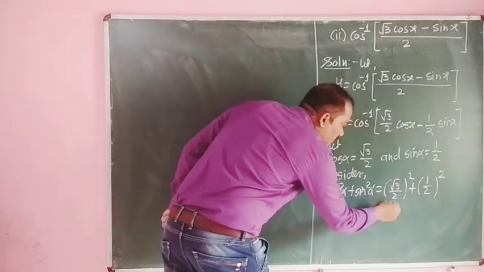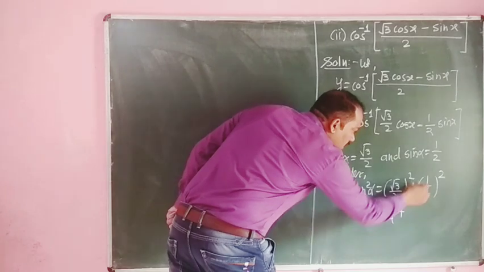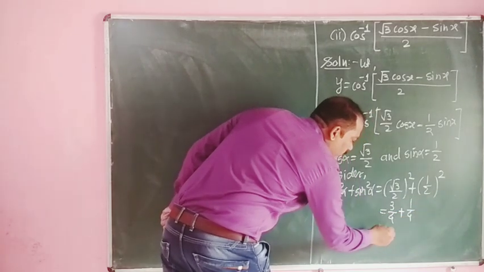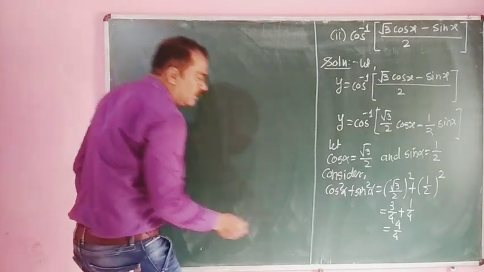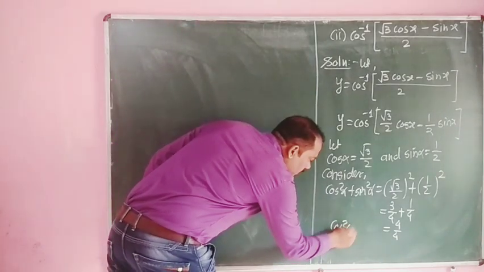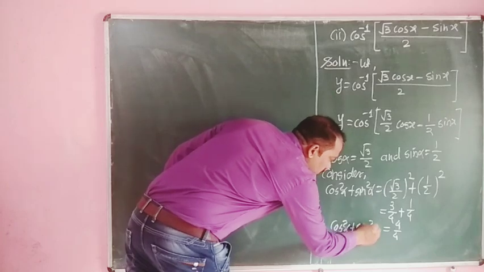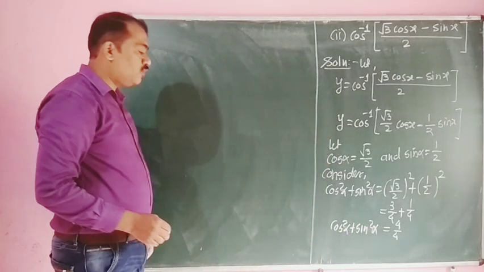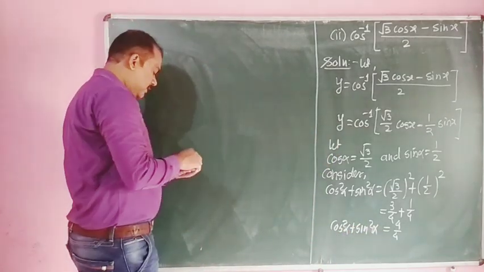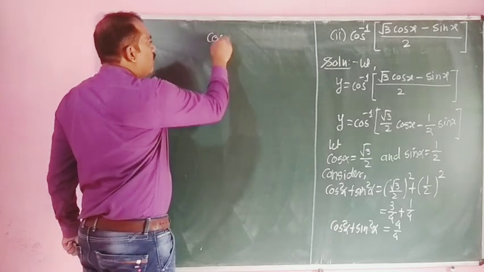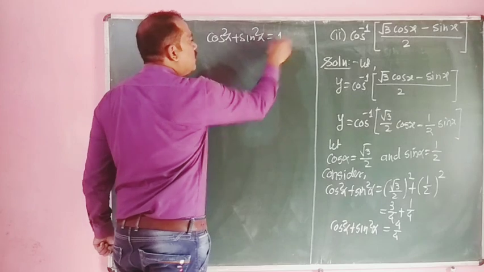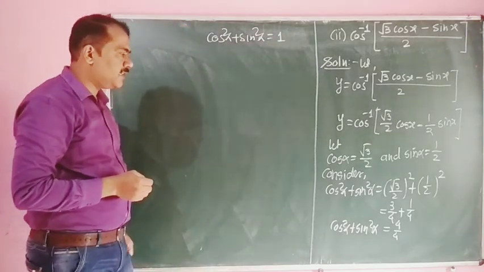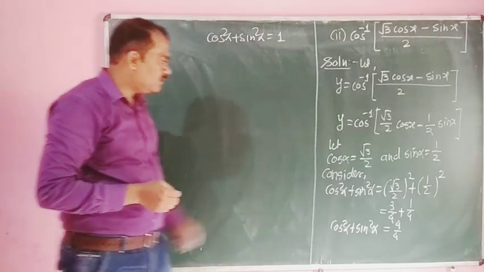Root 3 square and square root get cancelled, that is 3 by 4. 1/2 square is 1 by 4, so we get 4 by 4. So cos square alpha plus sin square alpha is equal to 1, which satisfies the standard identity, so these values are correct.